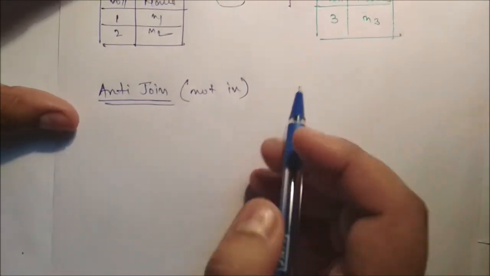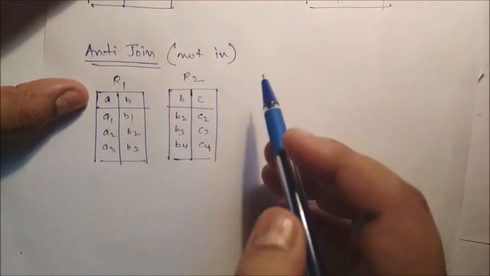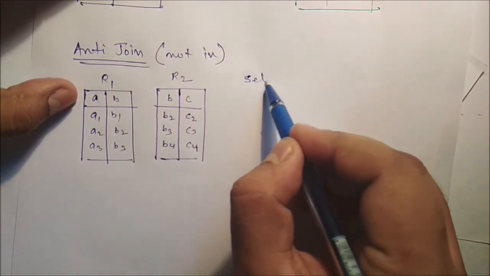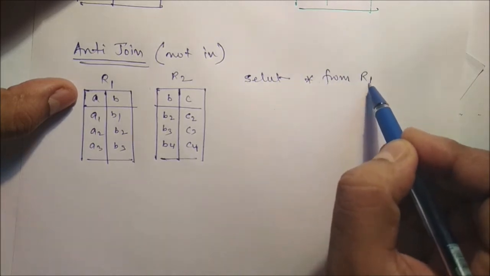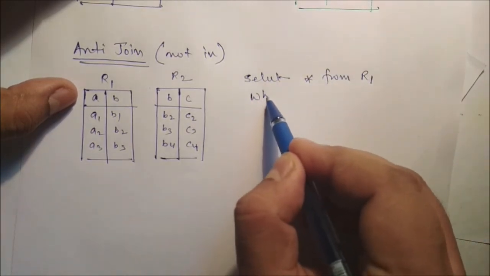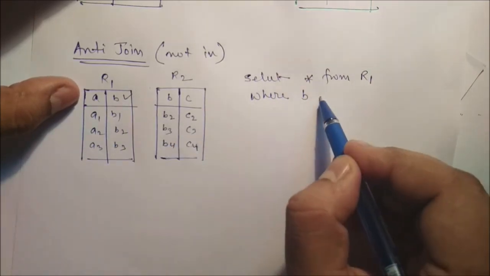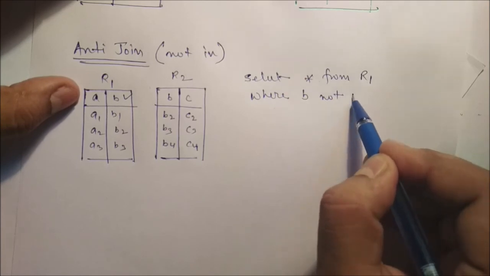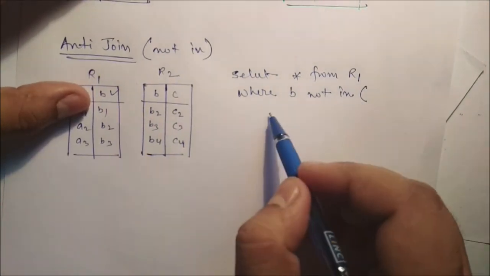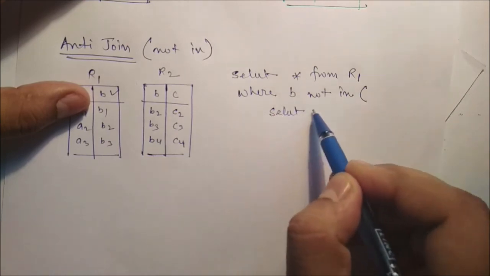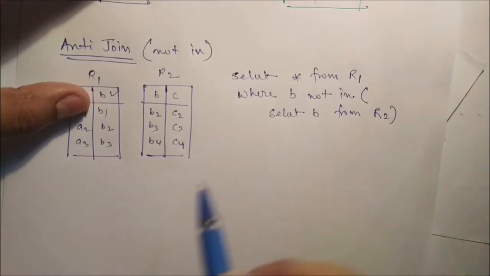Say two tables are there, R1 and R2, and you write: select asterisk from R1 where B not in, select B from R2.